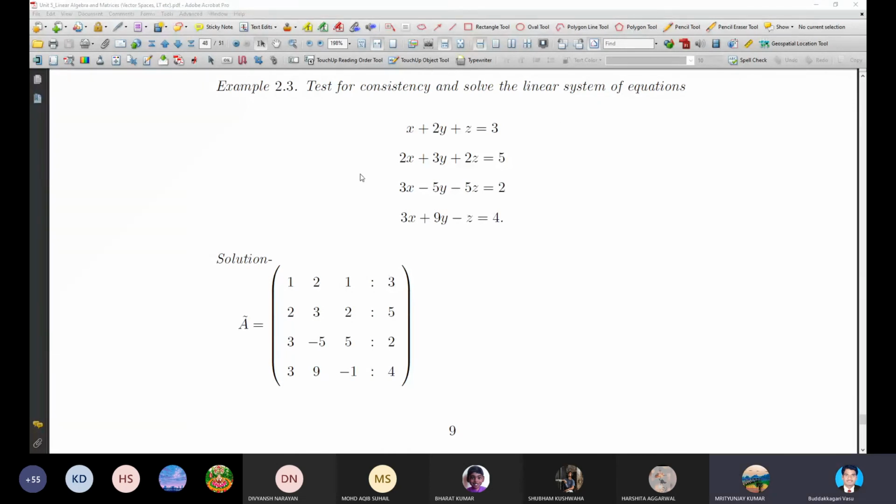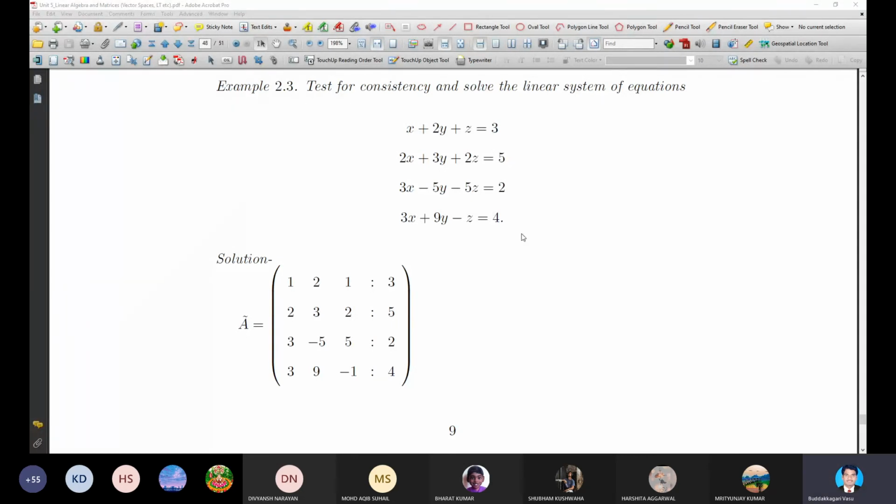Yes, sir. Example nine. The question is: test for consistency and solve the linear system of equations. Here we have 4 equations with 3 unknowns x, y, z.